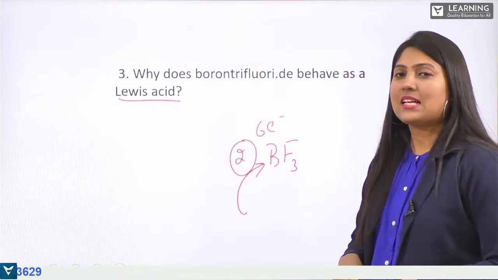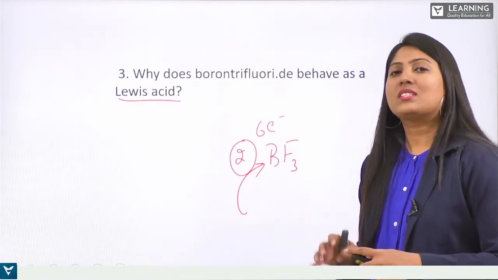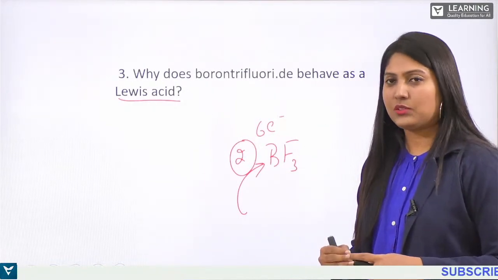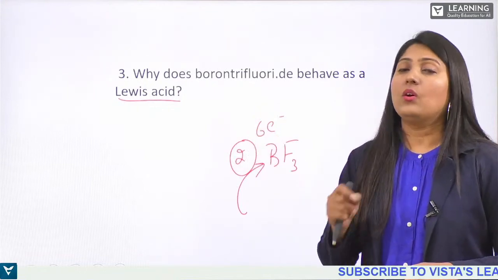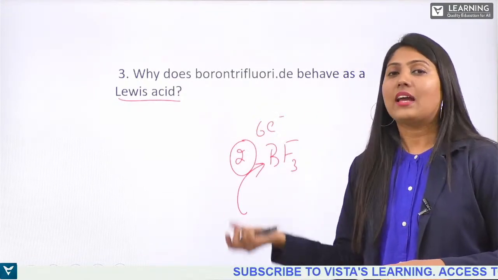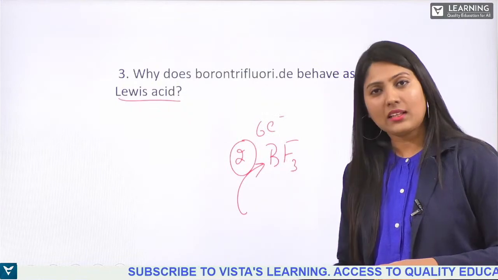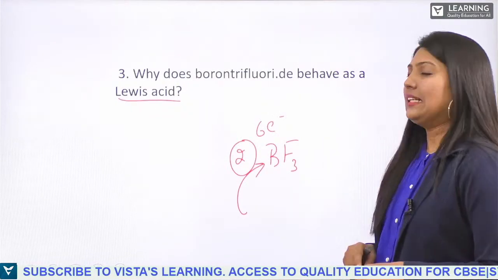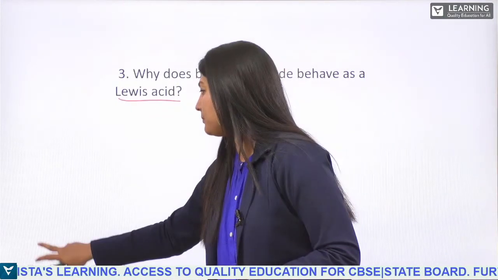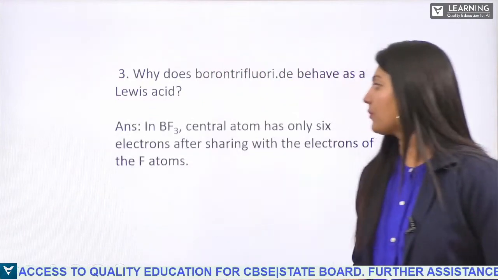So, what is Lewis acid? The molecule which accepts the lone pair of electrons is called a Lewis acid, whereas those which donate the lone pair of electrons are called Lewis bases.